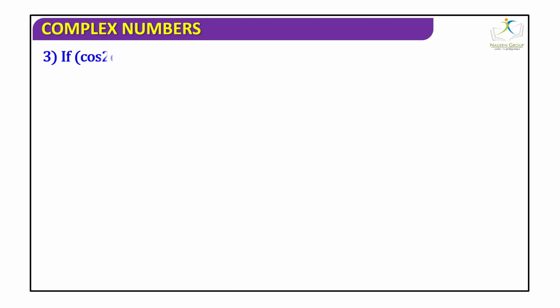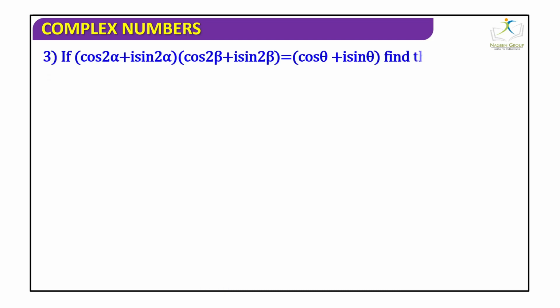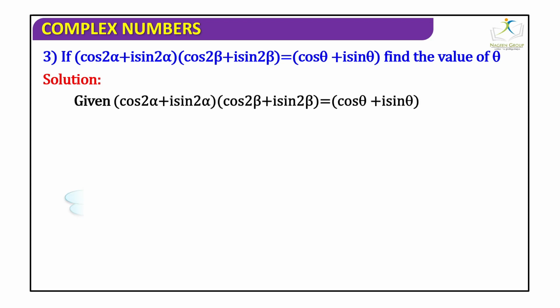Now next question we have: if cos of 2 alpha plus iota sin 2 alpha multiplied by cos 2 beta plus iota sin 2 beta is equal to cos theta plus iota sin theta, find the value of theta. We have a multiplication of two cos values. So from here we have cos 2 alpha plus iota sin 2 alpha equal to this.